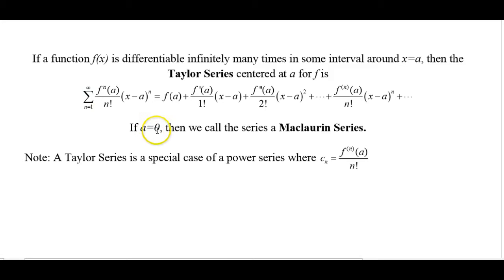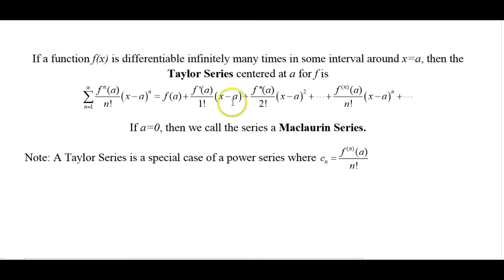If a equals 0, then we call the series a Maclaurin series. So again, that mirrors our Maclaurin polynomials in relation to our Taylor polynomials. And the note that I want to point out here is that a Taylor series is just a special case of a power series, where the generic c sub n is now the nth derivative of f at a over n factorial.